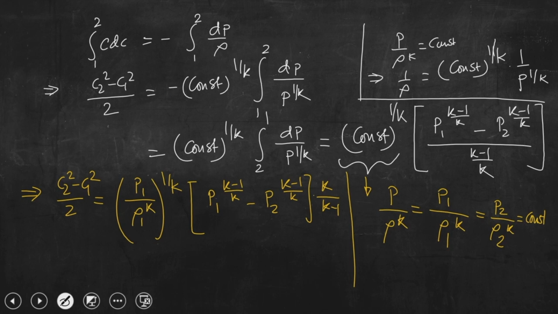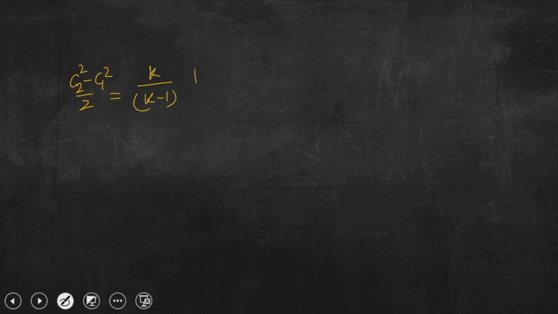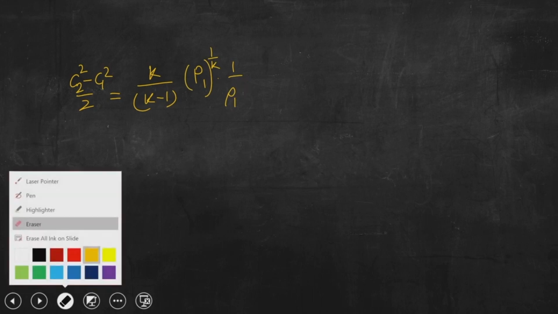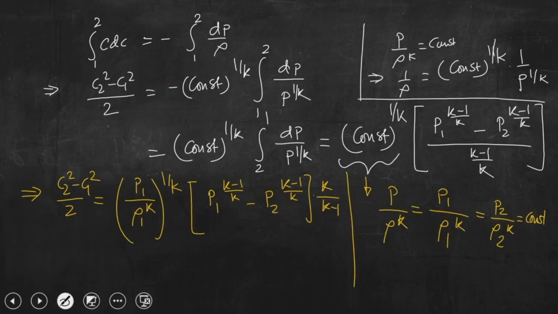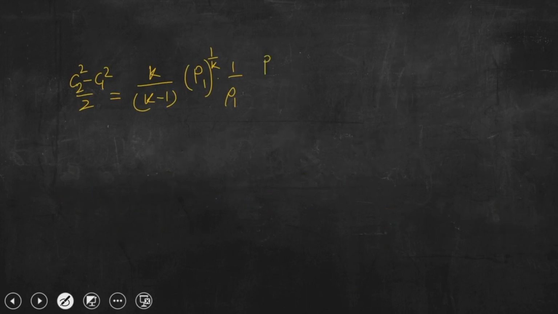So, we can write it, that is P1 into 1 by rho 1, P1 power 1 upon k, and this is just rho 1, right. We can take P1 power k minus 1 by k from this bracket. So, we can take this particular term out from this bracket, then we can write P1 power k minus 1 upon k.